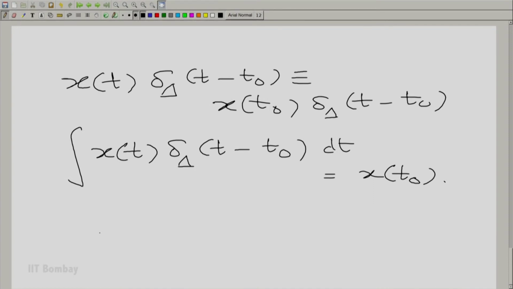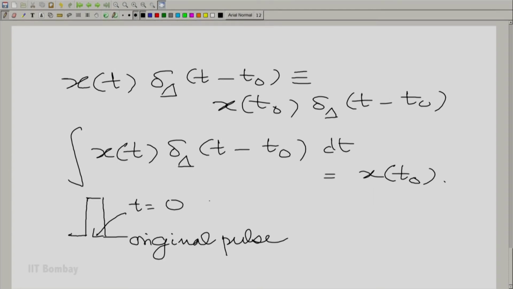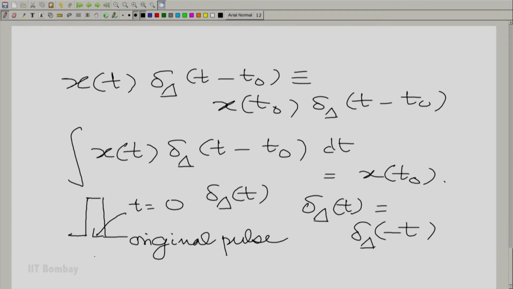Now, let us take this particular pulse that we drew. Let us assume that it is symmetric about t equal to 0, the original pulse. Let us call it delta capital delta t. And let us note that delta capital delta t is equal to delta capital delta minus t, if we assume that it is centered at 0, as we have done here.